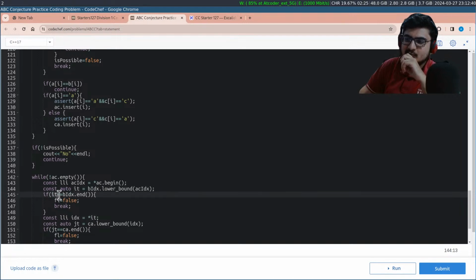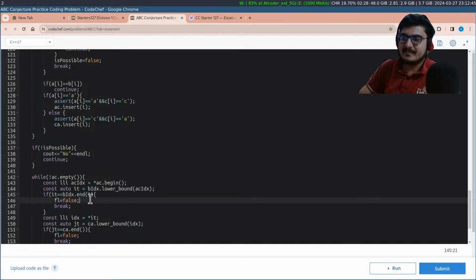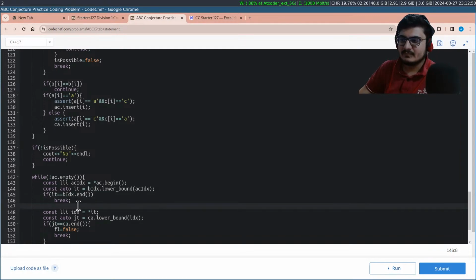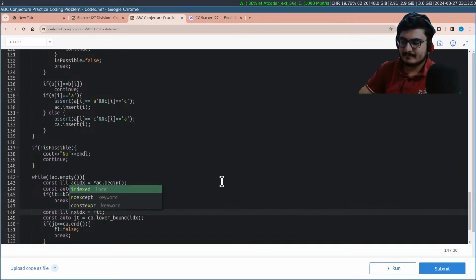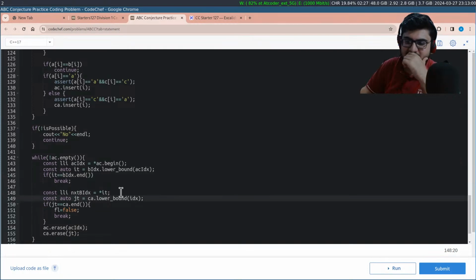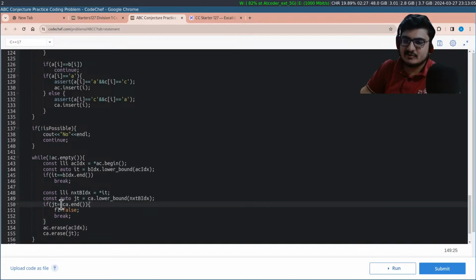If the iterator is equal to end, then there is no B after this AC pair, so we mark a break over here. Otherwise, my next B index would be the position which I got from the lower bound. Then I can use a similar lower bound to get the next index for C as well. If I did not find any CA pair, I break.